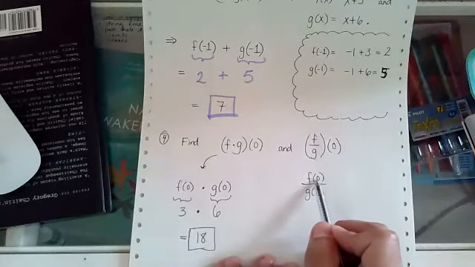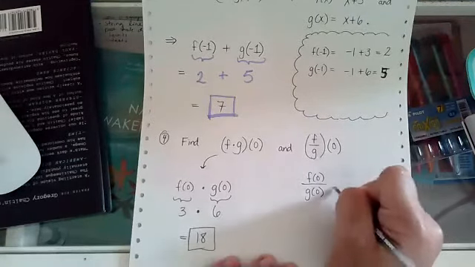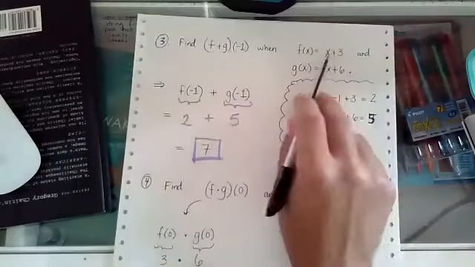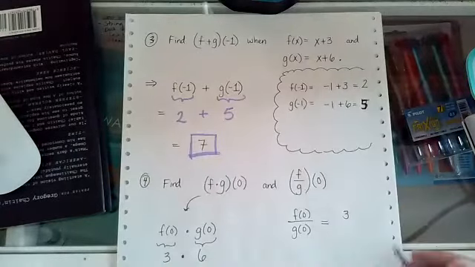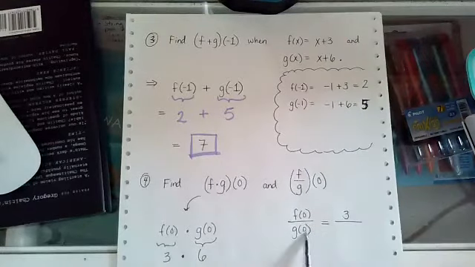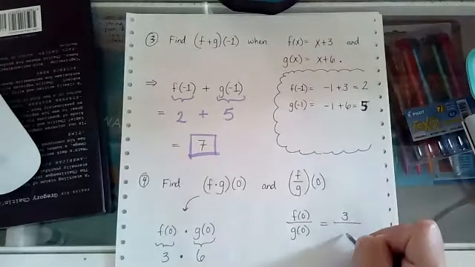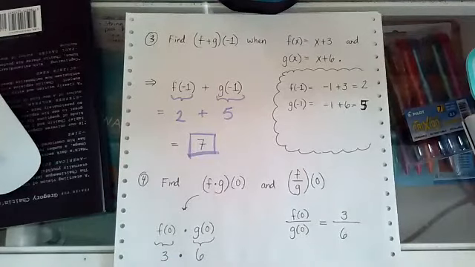What is f evaluated at 0? What is the output that we get? If I plug 0 in, 3. Yeah, it's 3. And then if I get g evaluated at 0, I plug 0 in here, and what do I get? 6. So 3 over 6 is the fraction that I end up getting when I divide these functions.